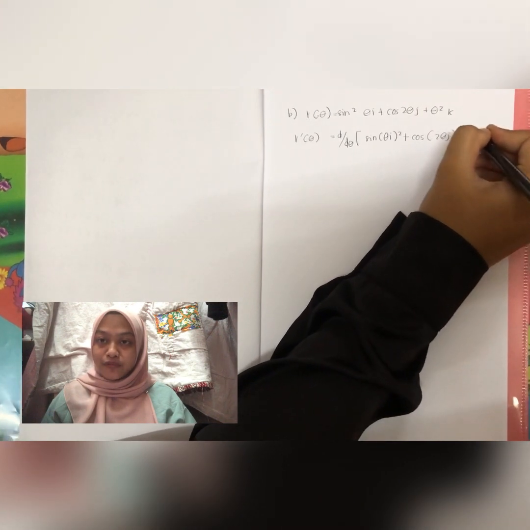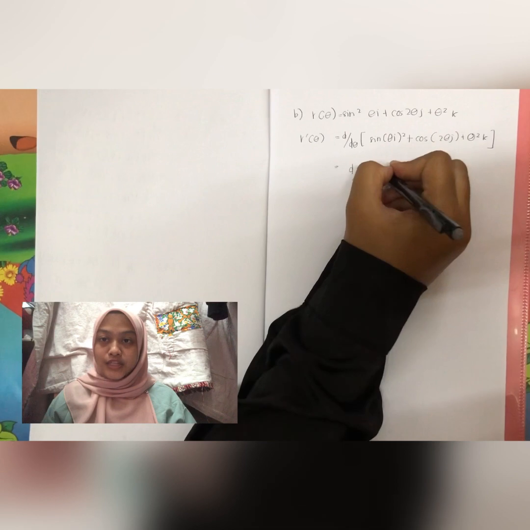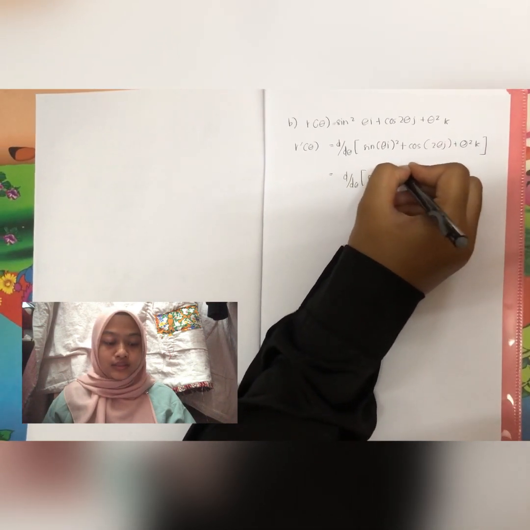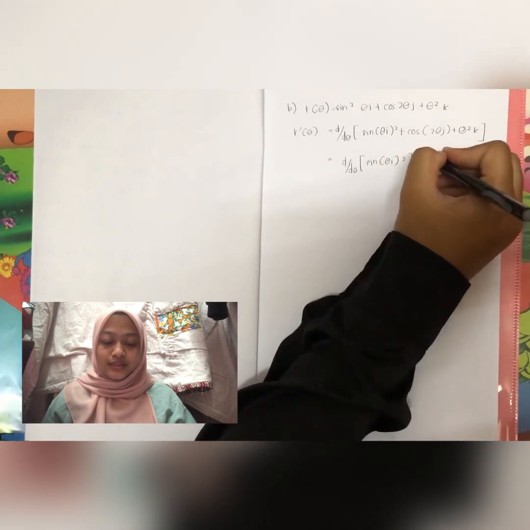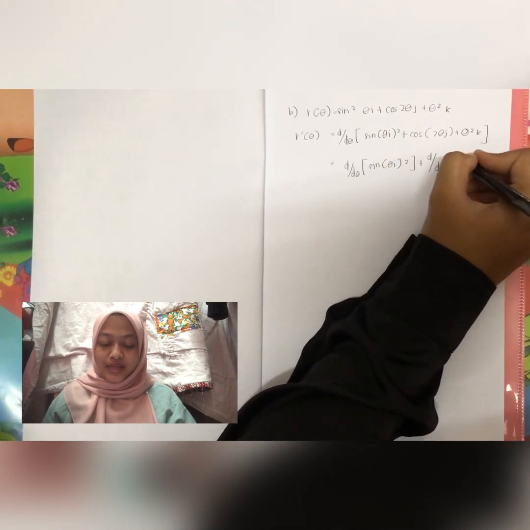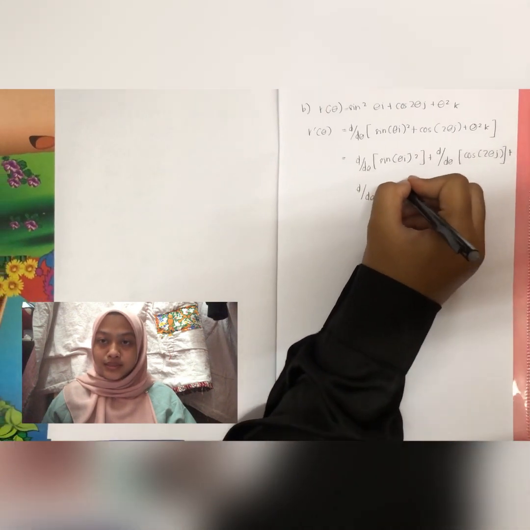Then we need to simplify the expression: d over d theta of sine squared theta i, plus d over d theta of cos 2 theta j, plus d over d theta of theta squared k.